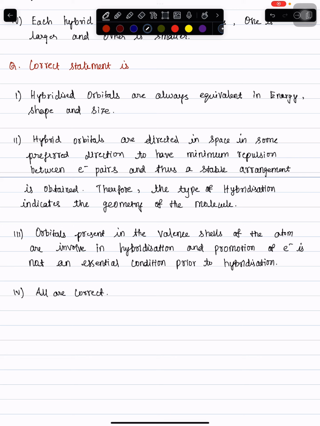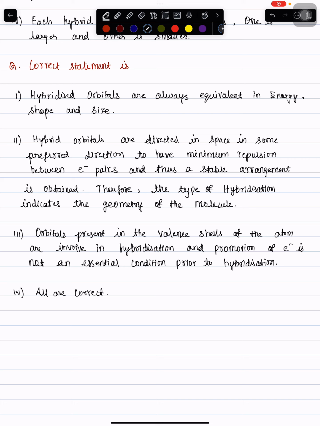So let's look at the first option. Hybridized orbitals are always equivalent in energy, shape and size. Yes, that is correct. In the second option, hybrid orbitals are directed in space in some preferred direction to have minimum repulsion between electron pairs. So orbitals should be placed with minimum repulsion so that they make a perfect geometry.